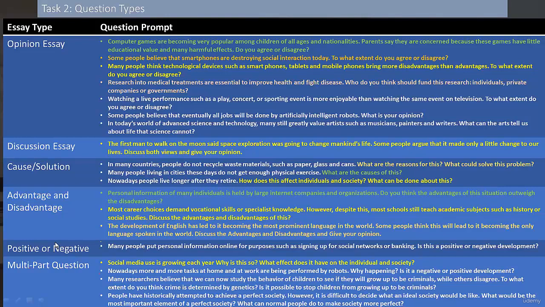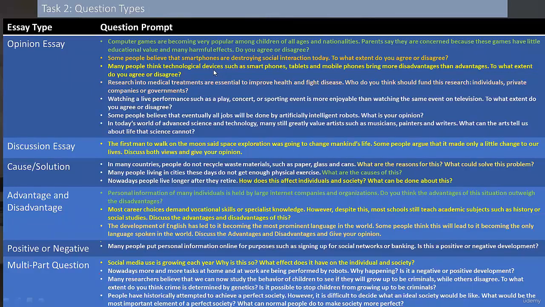Now, some question forms are more towards the academic test, and some question forms are more towards the general test. So for example, if a question normally is asking, do you agree or disagree? That's more likely what you're going to see on the general exam.